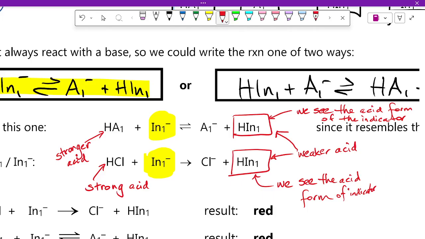Does that make sense? Strong acid is always going to be stronger than the indicator. So if you have a stronger acid, it's going to show the same result as HCl.